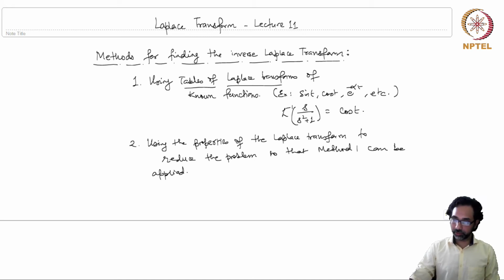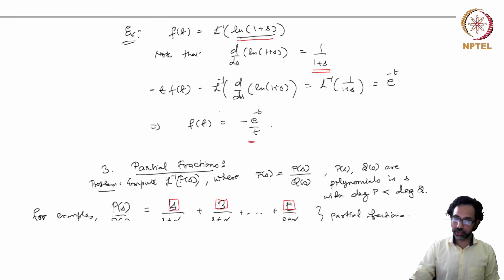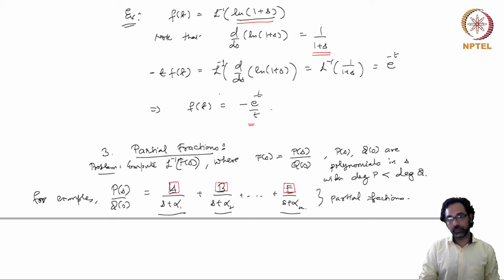The example I gave here is quite illustrative, because you don't see immediately what the inverse Laplace transform is for the log function, but once you take the derivative, you immediately see that it is of one of the known forms, and then you can immediately find the inverse Laplace transform of it.